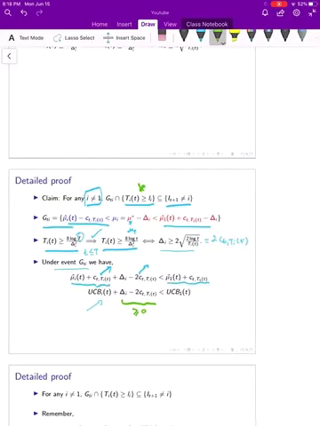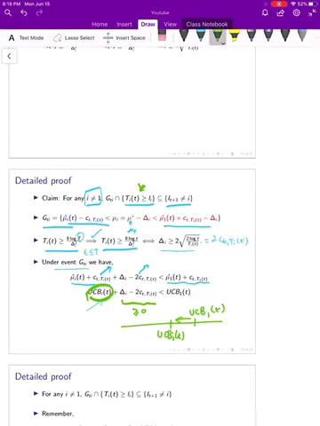Hence, at time t plus 1, we won't be sampling arm i, because the UCB_1 term is here, and we strictly know that the UCB_i term is less than this part.